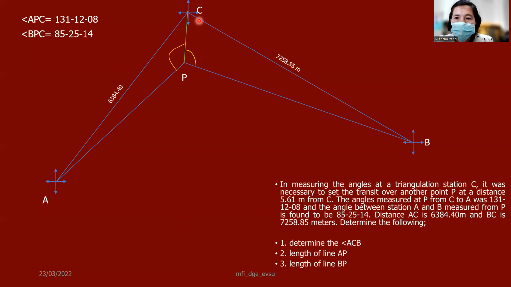We can apply cosine law or sine law because we already have the distance here. We already know the distance from our eccentric station to our true station. This is 5.61 meters. If this is 5.61 meters, then we have another distance which is 6384.40, right?